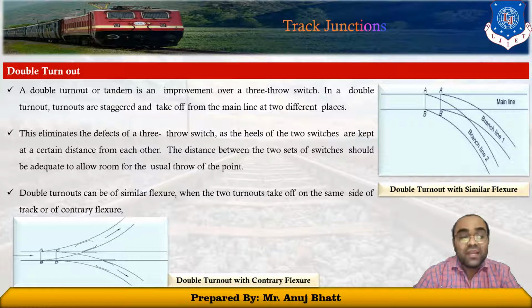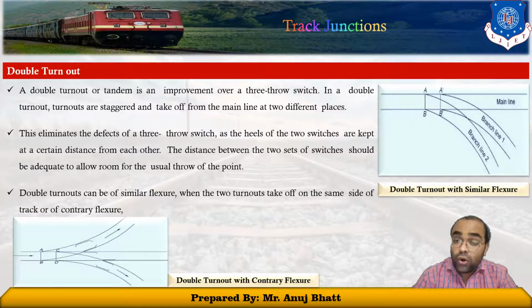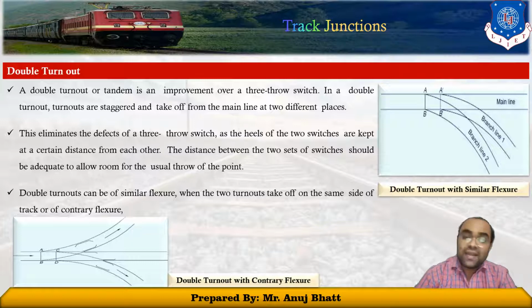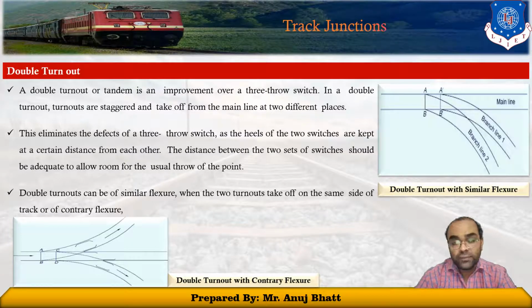This eliminates the defect of the 3-throw switch, as the heels of the two switches are kept at a certain distance from each other. The distance between the two sets of switches should be adequate to allow room for the usual throw of the point.